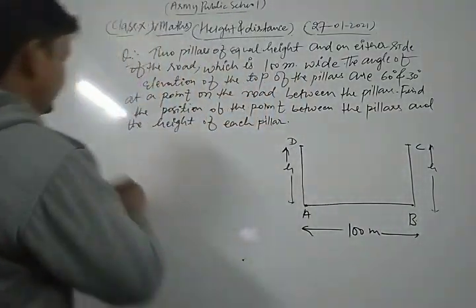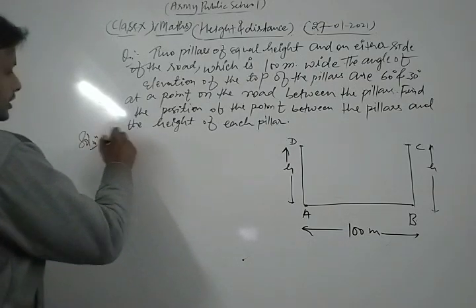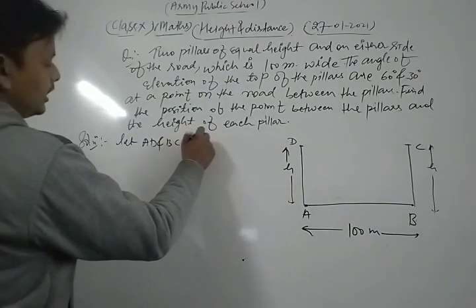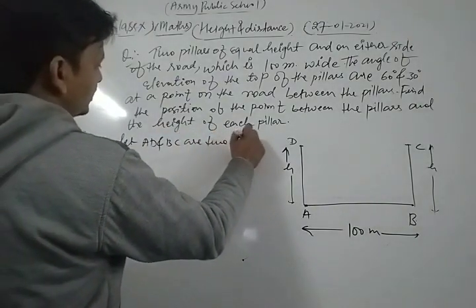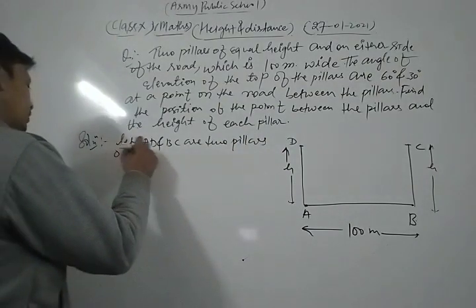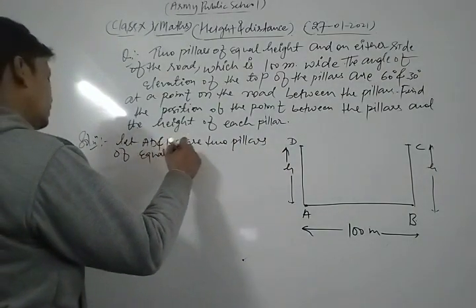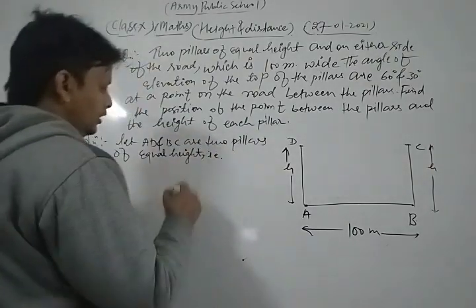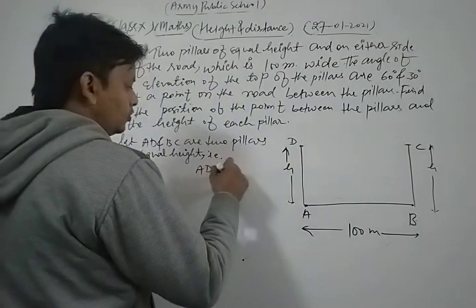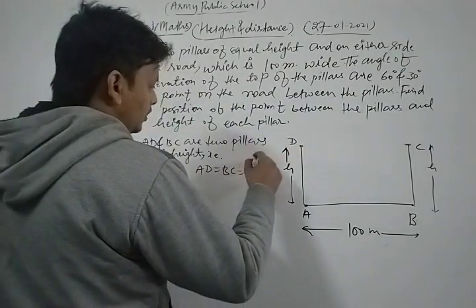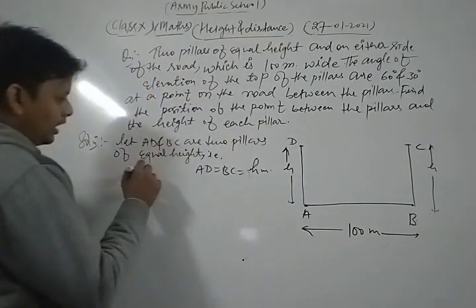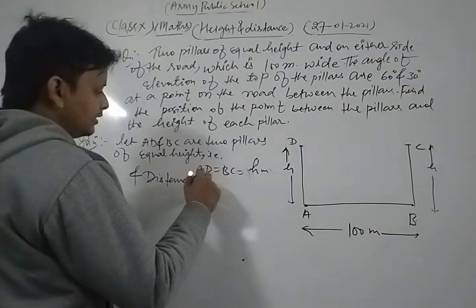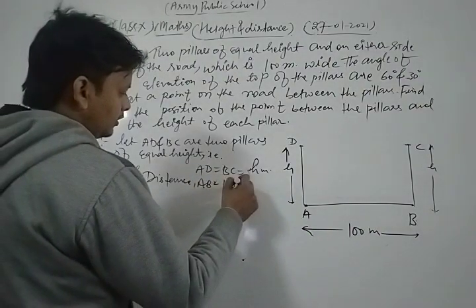Now let's see its solution step by step. Let AD and BC be two pillars of equal height, that is AD = BC = H meter, and the distance between them, AB, is 100 meter.